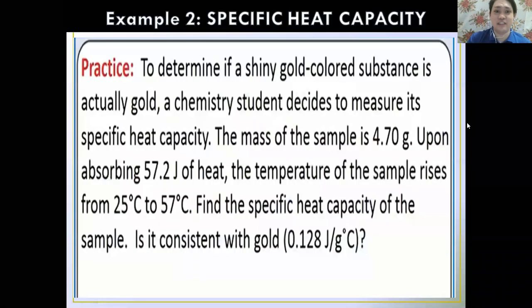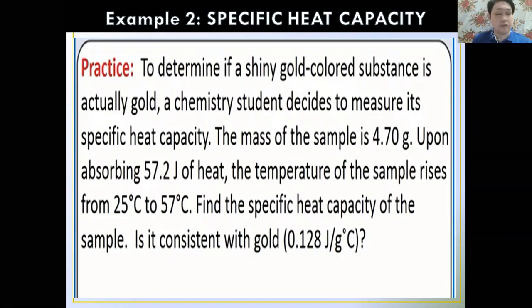So now let's have another example here. Example number 2. Let's try to read example number 2. To determine if a shiny gold colored substance is actually gold, a chemistry student decides to measure its specific heat capacity. The mass of the sample is 4.70 grams.